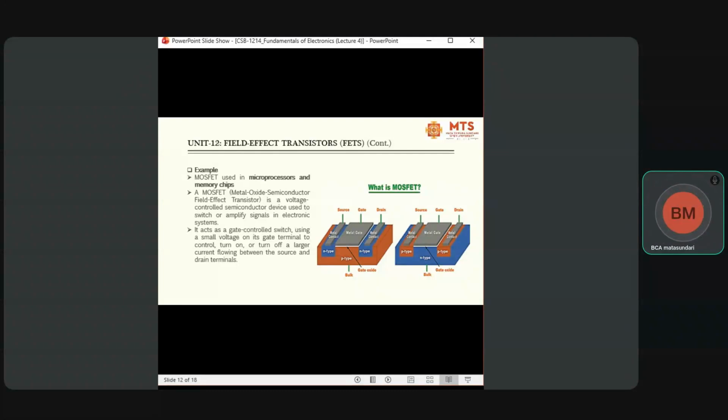It acts as a gate controlled switch, using a small voltage on its gate terminal to turn on or turn off a larger current flowing between the source and drain terminals, like a fuse wire.